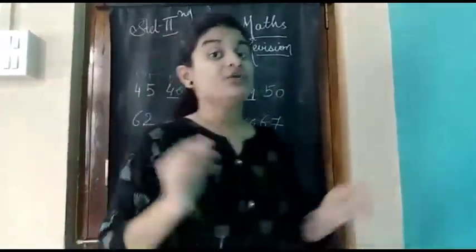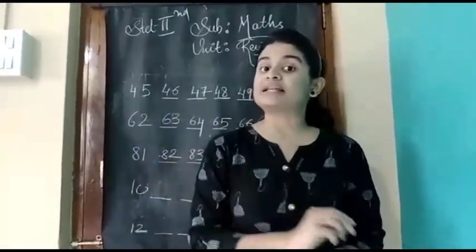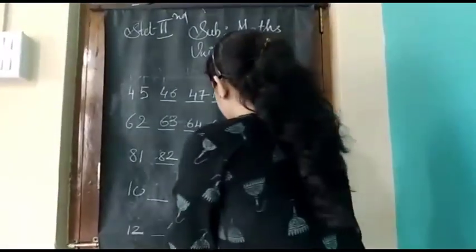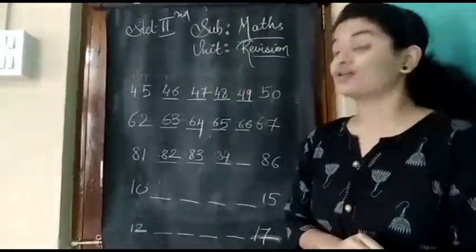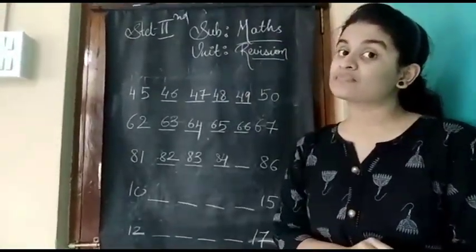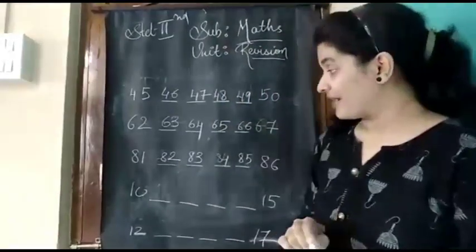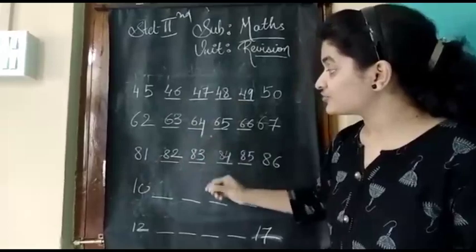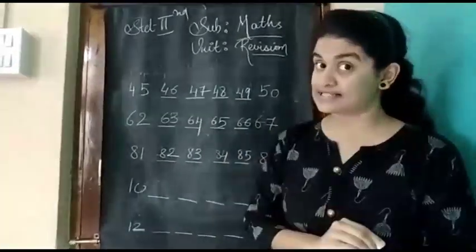After 83, which number comes? 84, right? 84 इस नंबर के बाद कौन सा नंबर आता है? 85, right? So we have completed our chain, that is 81, 82, 83, 84, 85 and 86.